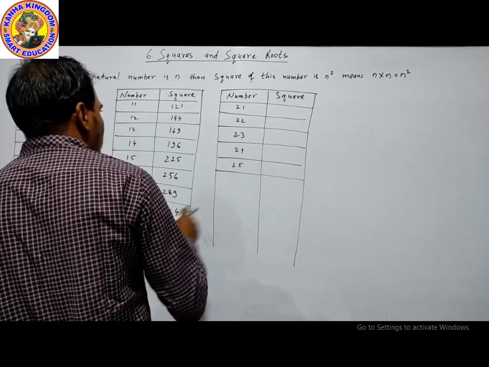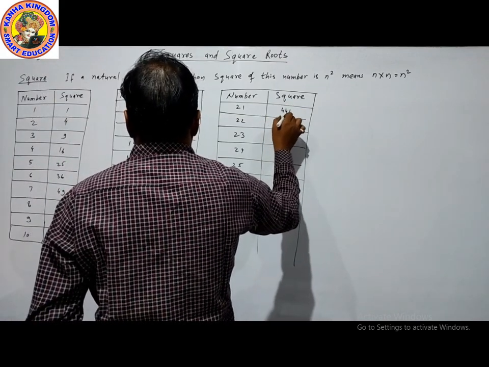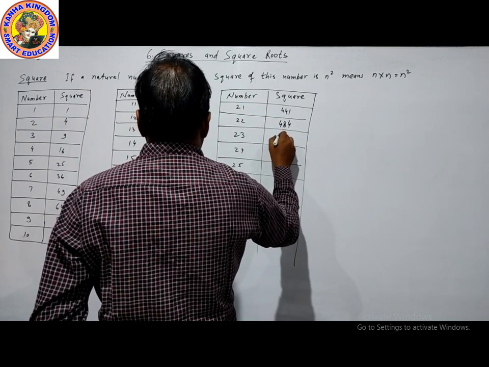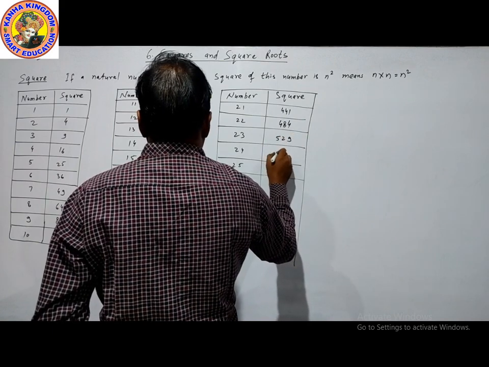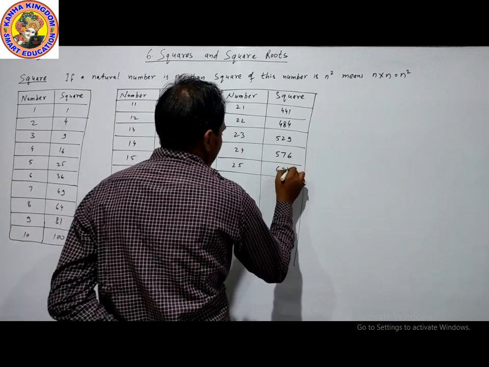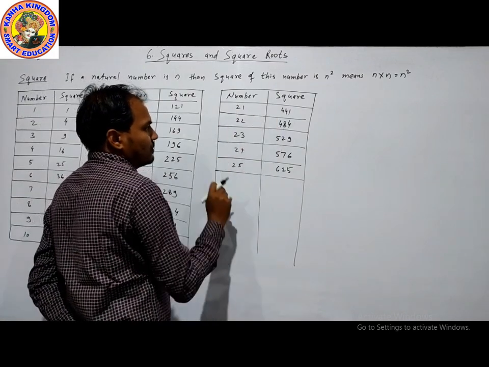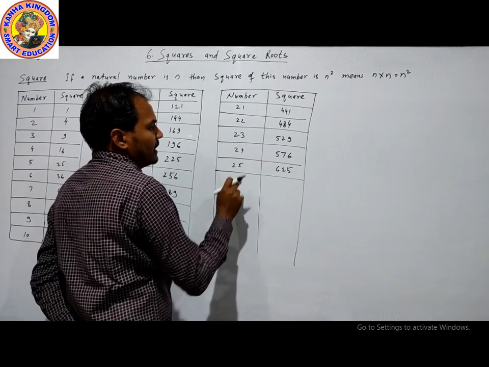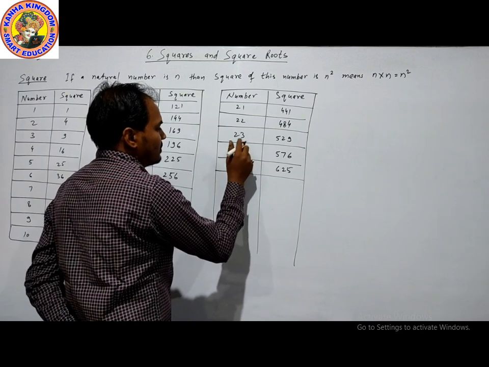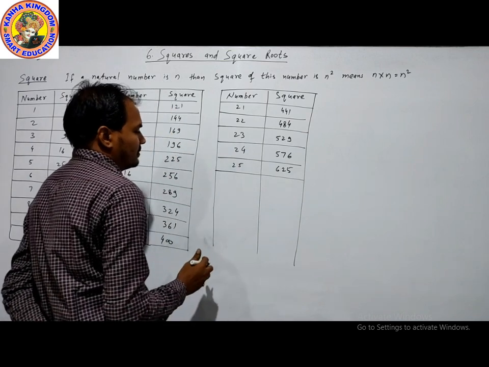You will remember the square numbers up to 25. 21 square is 441, 22 square is 484, 23 square is 529, 24 square is 576, 25 square is 625.